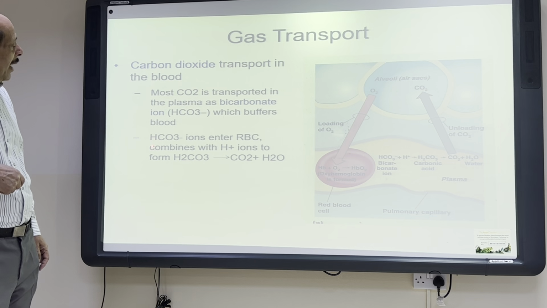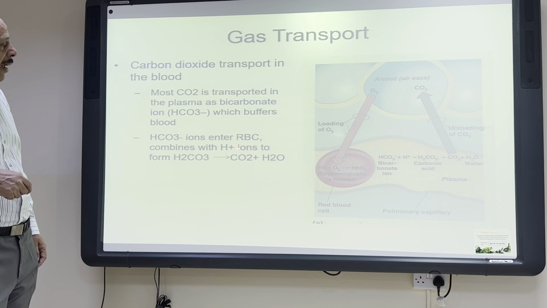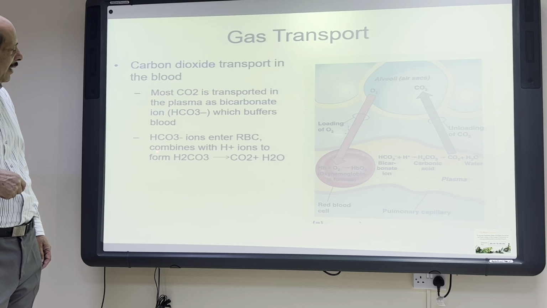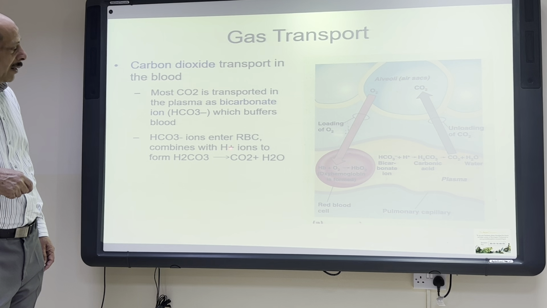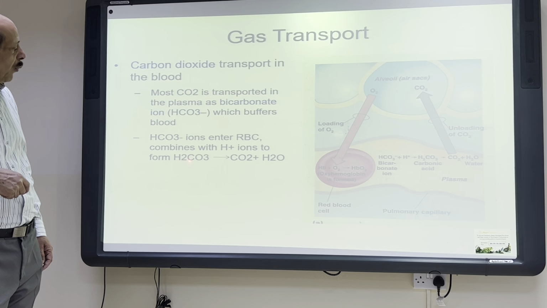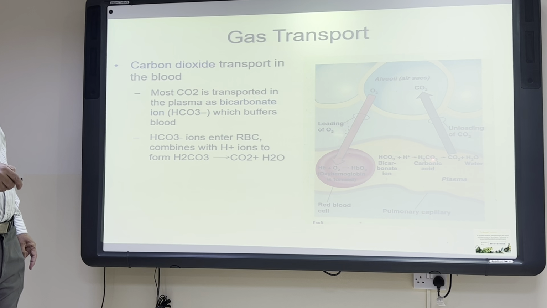So the HCO3 ion enters the red blood cells and combines with the hydrogen ion to form H2CO3, which is carbonic acid. Then, when it reaches the alveoli, it will be changed to CO2 and water.